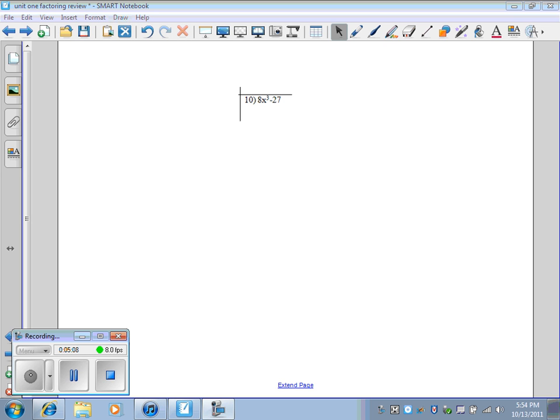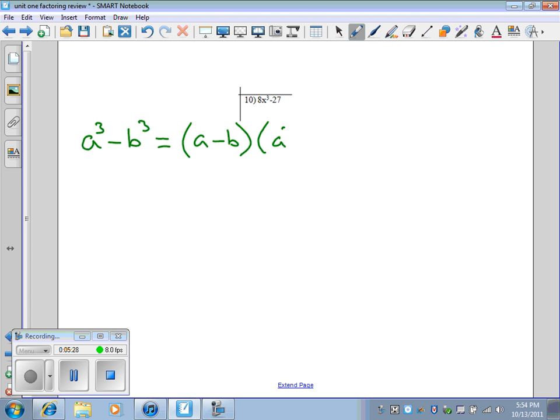The formula is a to the third power minus b to the third power equals, now using SOAP again, we keep the same sign, a minus b times a squared. The O in SOAP means take the opposite, so if it was minus, it becomes positive, ab. And AP in SOAP stands for always positive, so positive b squared.